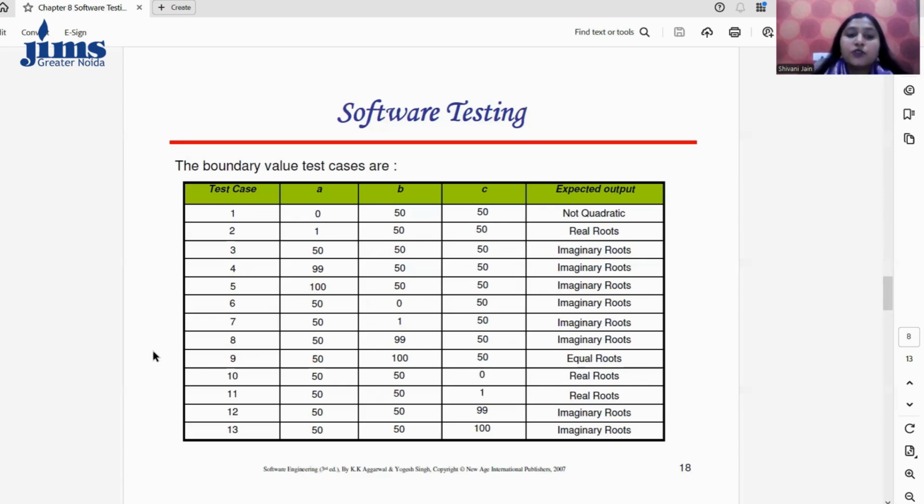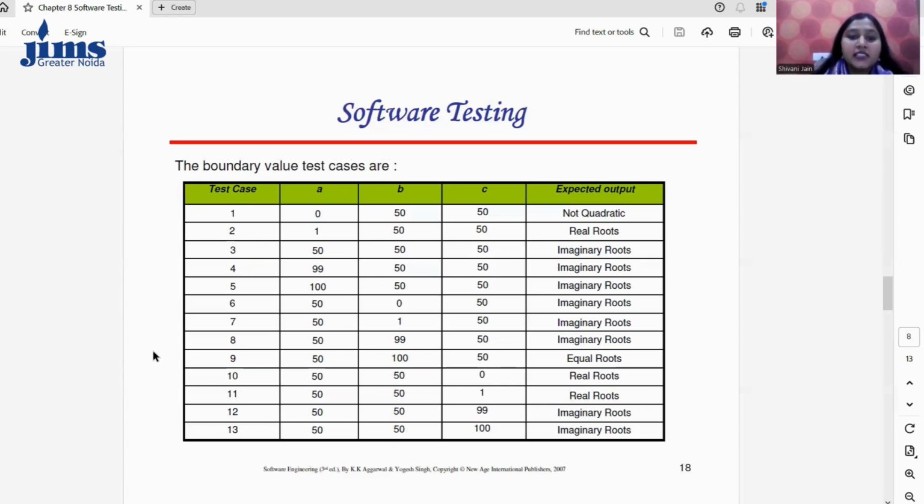Let's see with the example. First we test the boundary values of a, and we keep b and c nominal. So what are the boundary values of a? 0, 1, 50, and 99. That is still case 4. Case 5 actually, because 100 is also tested.